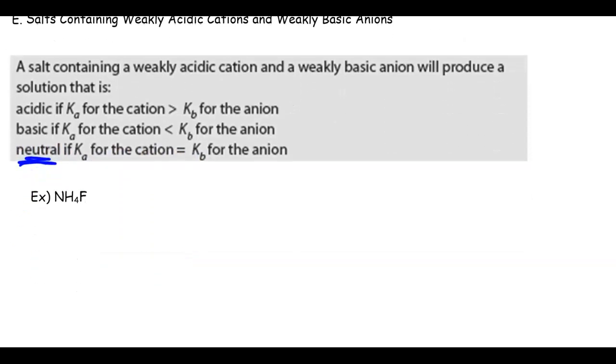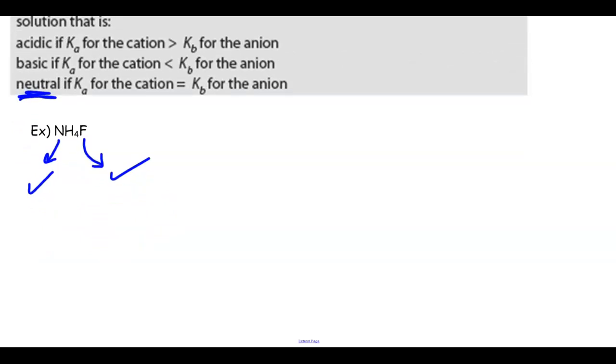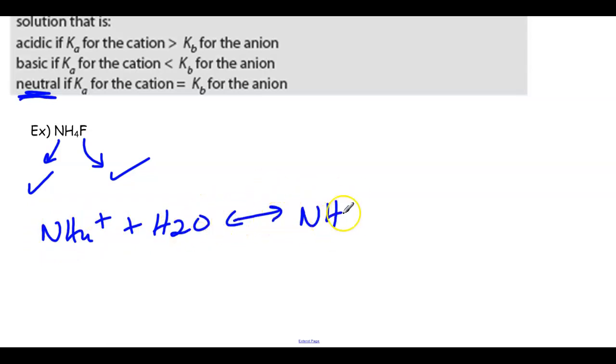Okay, so for example, here you have NH4, which we know is the conjugate of a weak base. And we have fluorine, which is the conjugate of a weak acid. So both of these will have an impact. So what you would do here is analyze both reactions and compare the values. I'll show you what I mean.